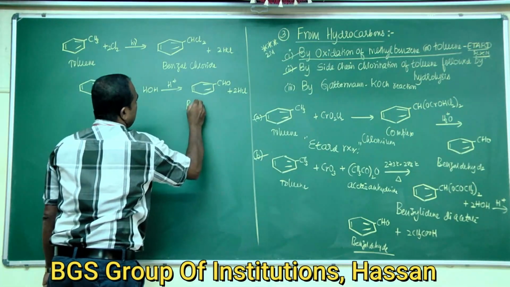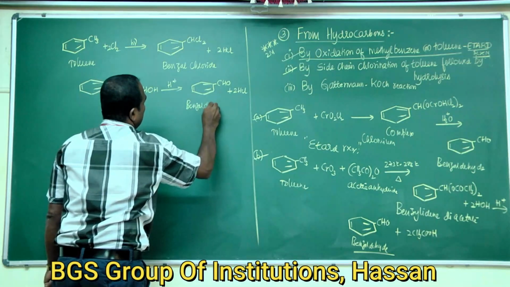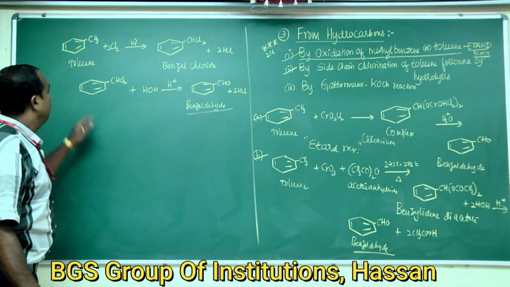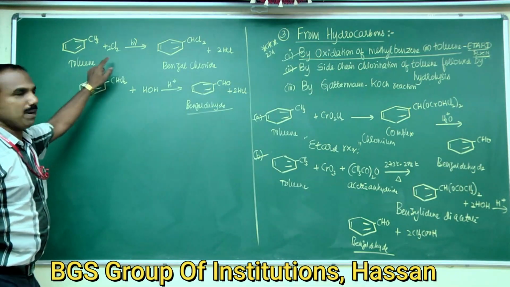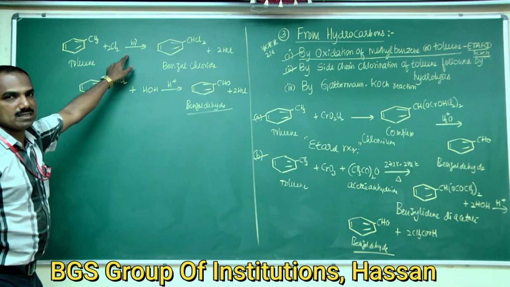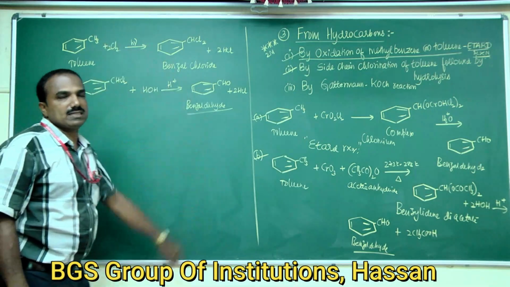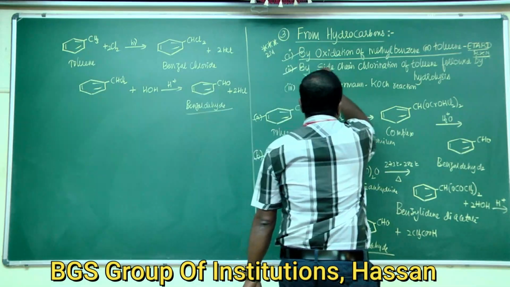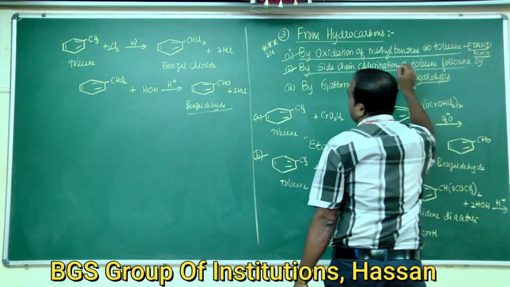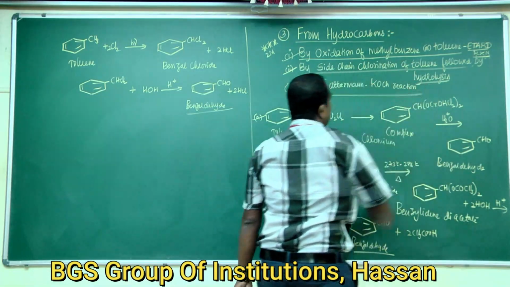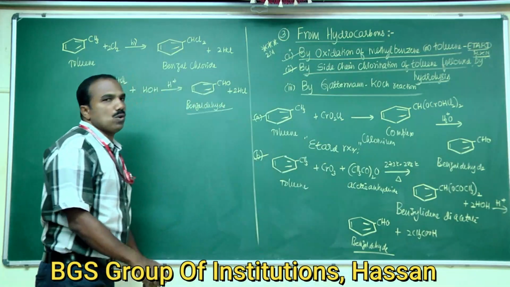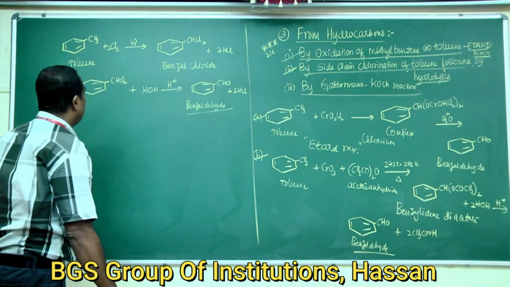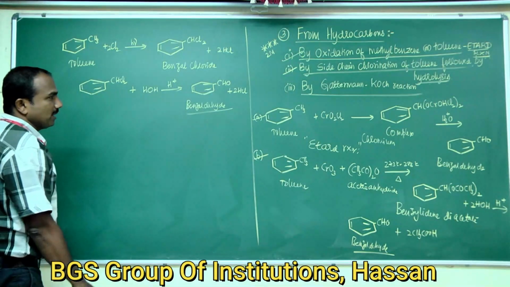This is benzaldehyde. This is another method of preparation of benzaldehyde from toluene by passing chlorine in presence of diffused sunlight, that is side chain chlorination of toluene followed by hydrolysis. This is the second method. And the third method is the Gattermann-Koch reaction.